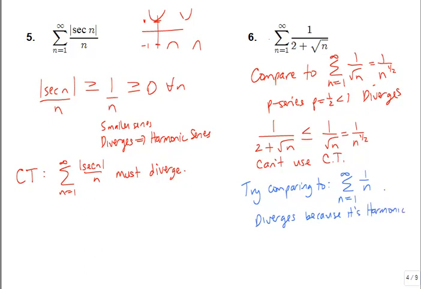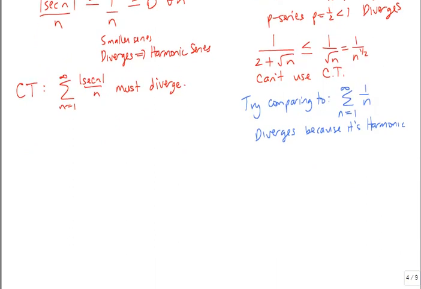Now unfortunately, 1 over n doesn't compare nicely to 1 over 2 plus square root of n, at least visually. We can't just look at denominators and see the relationship. What we're hoping is that 1 over n is less than or equal to 1 over 2 plus square root of n, so that it will be the smaller series. And we know that it diverges, so that would force the bigger series to diverge as well.